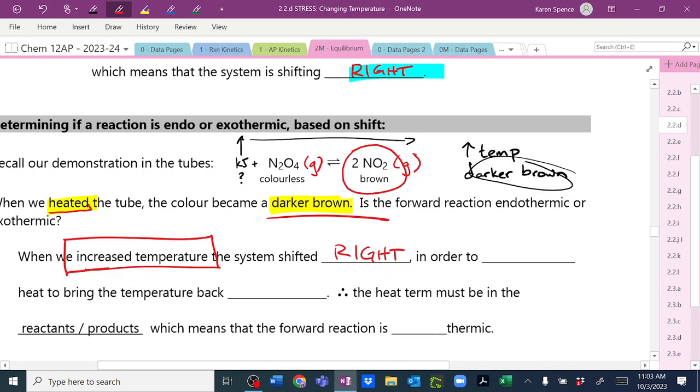Therefore we want to absorb that excess temperature, yes? I'm using heat and temperature interchangeably, which is completely wrong, but if you think about it that way, for this kind of question, it's all right.